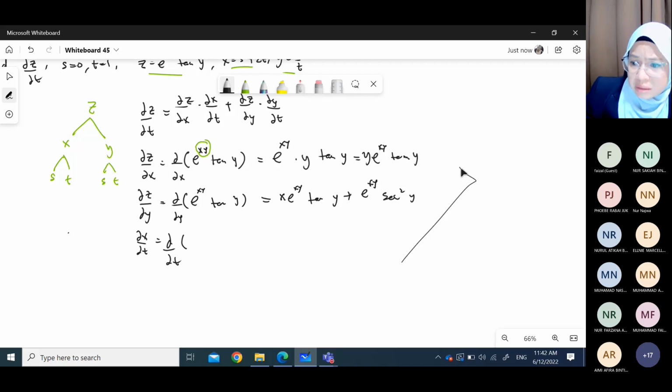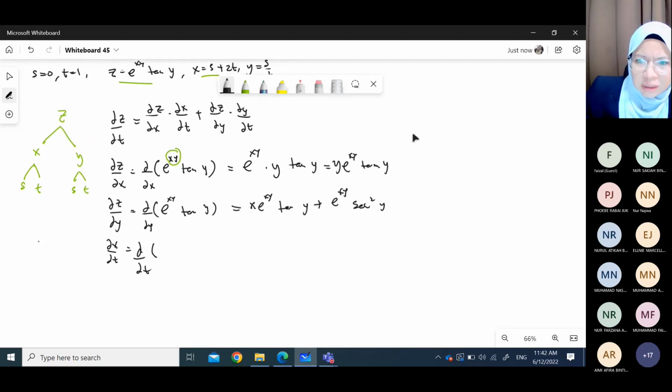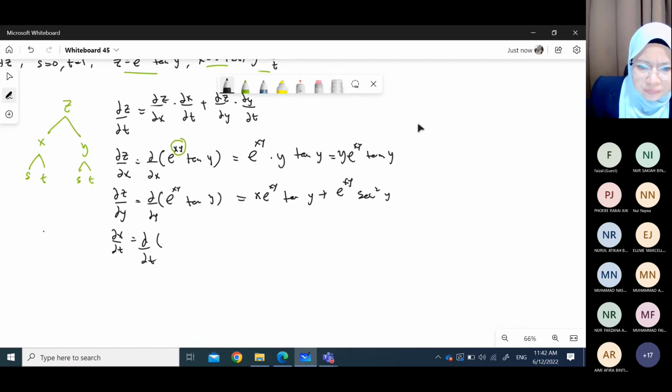X kita adalah, apa tadi x kita? S plus 2t. Differentiate with respect to t on x, so we have a 2 here.